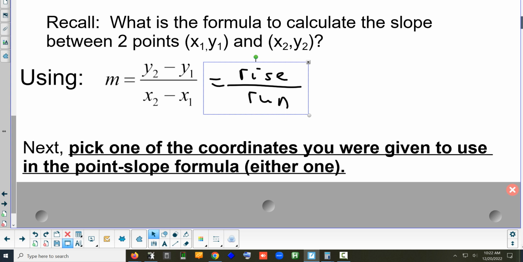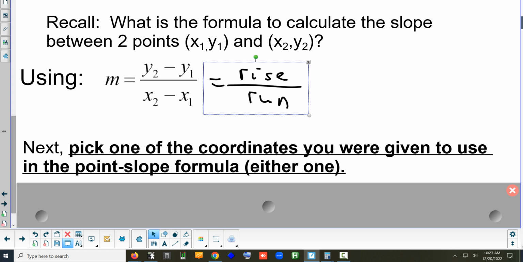And then next, pick one of the coordinates to use. I told you it didn't matter which one, either one. But pick the one that you think is the easiest. Find the slope.